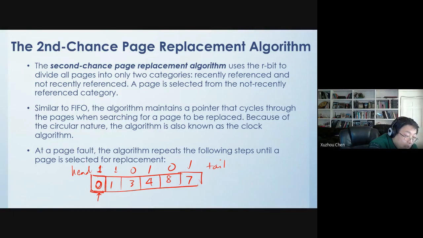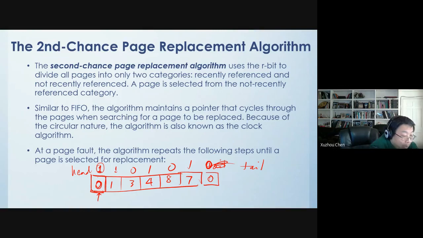What that means is I'm going to put page 0 at the tail, and change the reference bit back to 0. This reference bit, which is 1, just buys page 0 another chance.